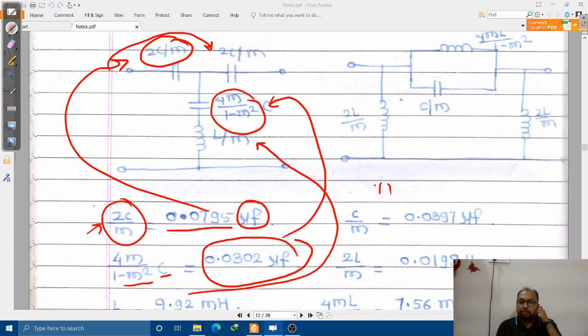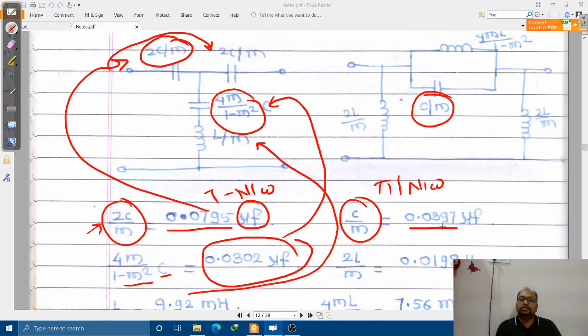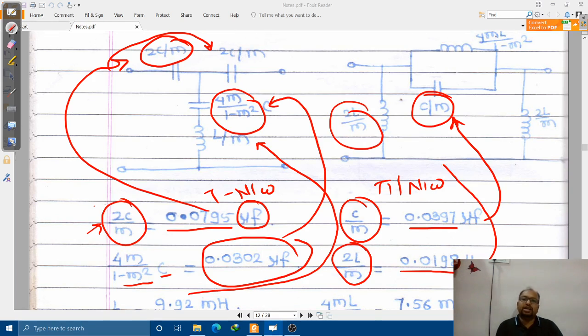Now let us go for the pi network. This was your T network. For the pi network, C divided by m is 0.0397 microfarad. We write it at this place. Then let us compute 2L divided by m. Once I compute it, it is coming as 0.198 henries. You can convert it into millihenry also, no problem at all.